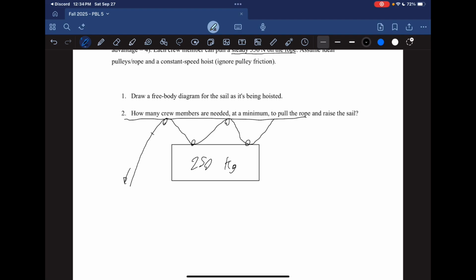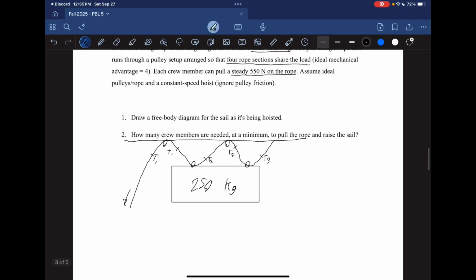So on this part of the rope, we have T1, which matches over here as T1. And then here we'll call T2, which matches here as T2. And then here is T3. An important thing to realize, though, is that with ideal pulleys and rope, the tension throughout all of these will be the same.